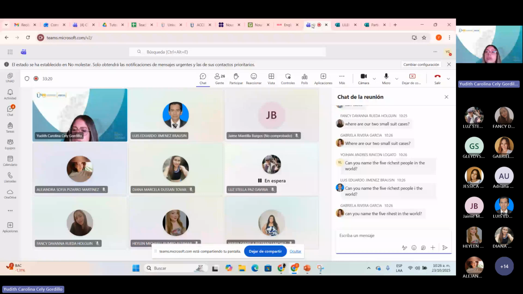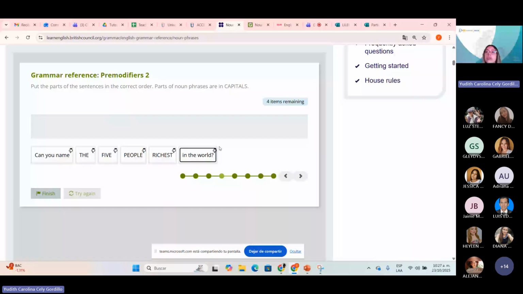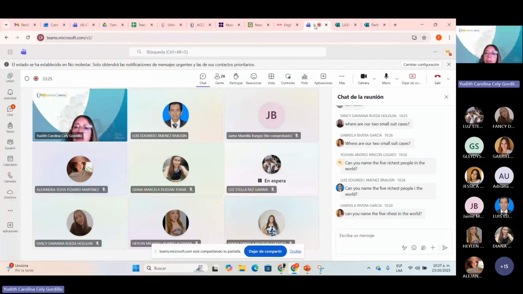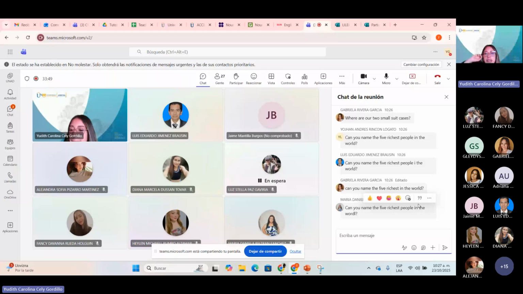Okay, that's perfect. Let's continue with the next statement. First class, 16, died in the accident, all passengers. What do you think? I have 1, 2, 3, 4, 5 words. What do you think is the order according to these noun phrases? That's right, Marianela.